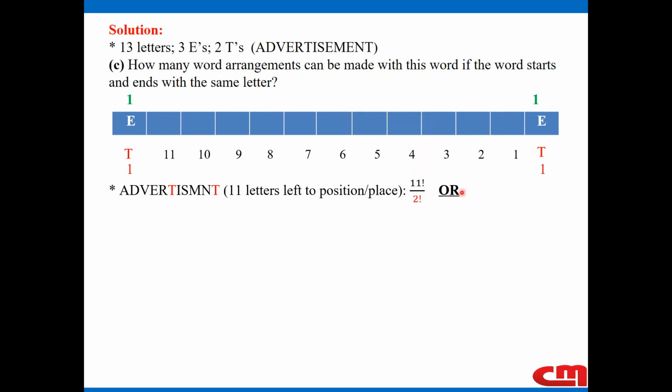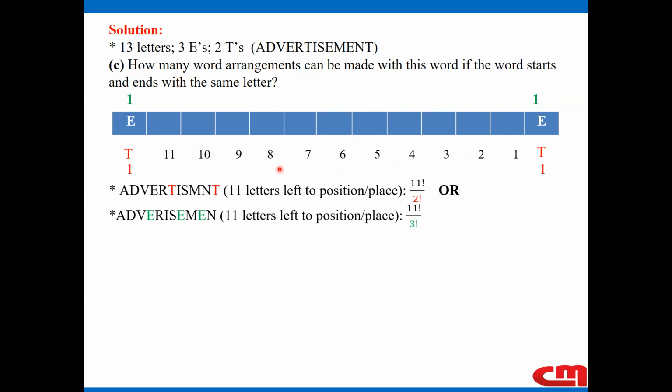Or if it is the situation of the T starting and ending, then it means the T's are no longer there in the word advertisement, but the E's are still there, right? Then we have 11 letters left to position or place, right? How we position the 11 letters as if we don't have any repeating letter, that is the 11 factorial. Then we consider the repeating letters, that we have 3 E's, so over 3 factorial, right?